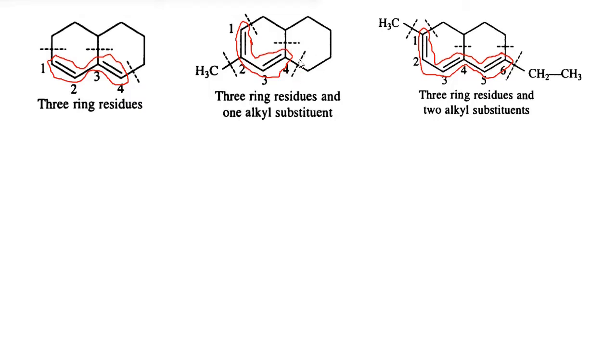You can see there are three ring residues, one is this, another ring residue, and there is an alkyl substituent directly attached to this conjugated system, and hence this molecule has three ring residues and one alkyl substituent.